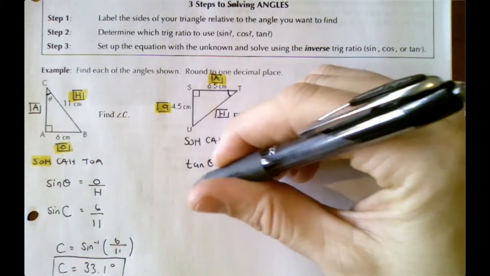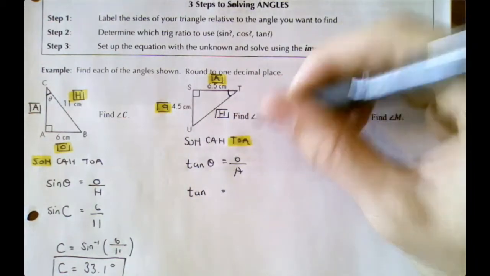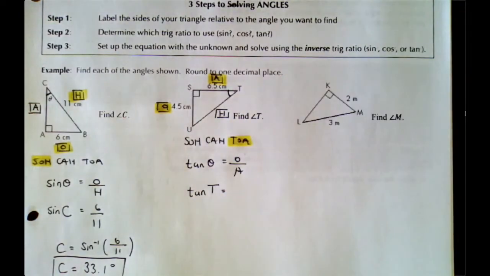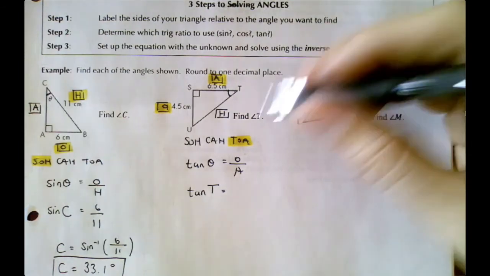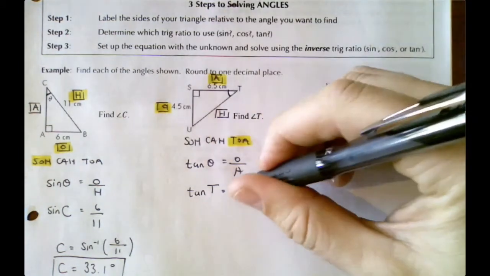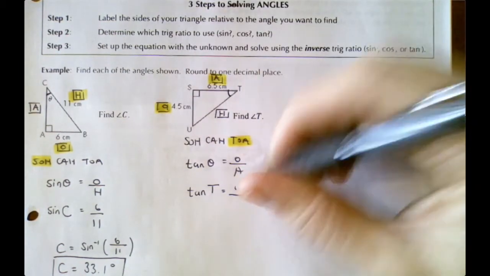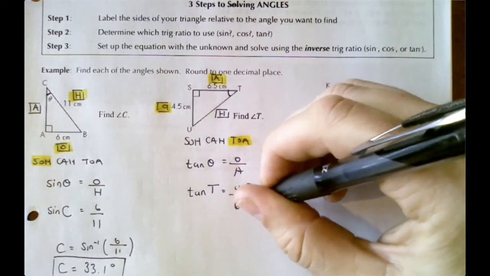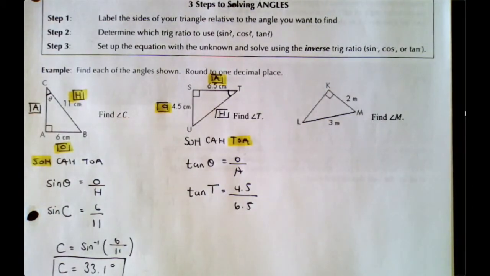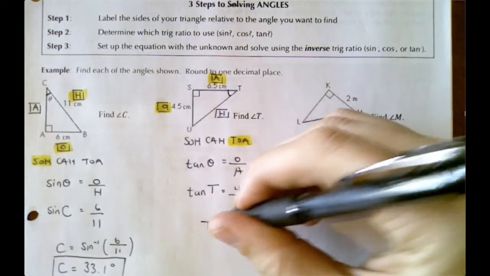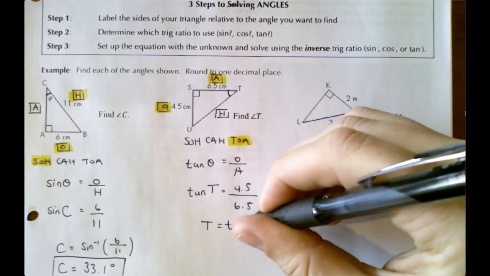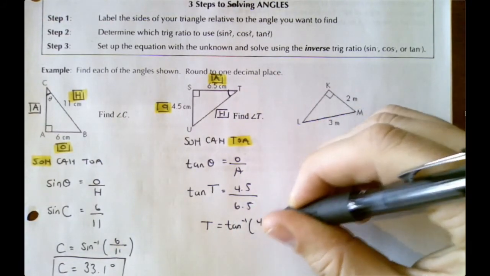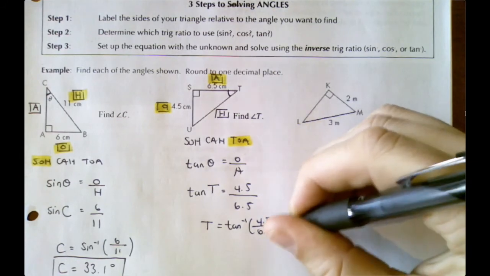The angle we're talking about is T, capital letters for angles always. O is 4.5 and A is 6.5. So now if we want to find T, we just use tan inverse. Tan inverse of 4.5 over 6.5.